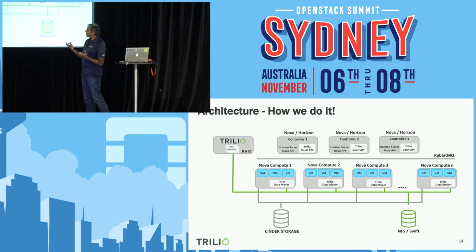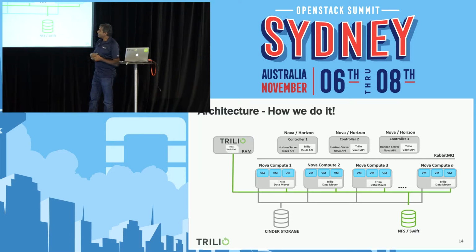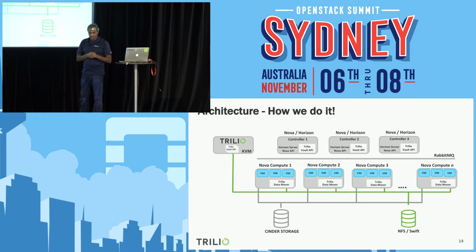of the cloud. So with that in mind, we architected the Trilio solution in such a way that we have a controller path which is deployed as one or more VMs. You can deploy on a KVM box, and depending on the size of the cloud, you can spin up multiple VMs. So that becomes a scalable control path. And then we have a data mover that is deployed on each of the compute nodes.